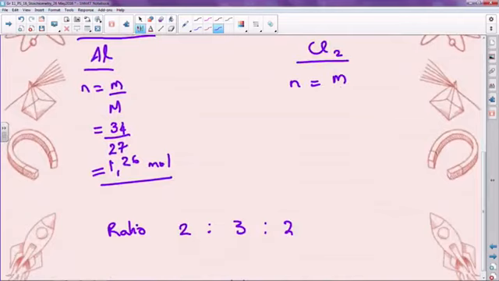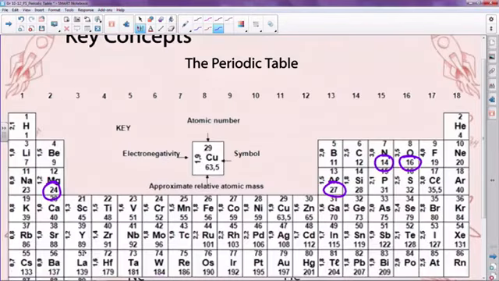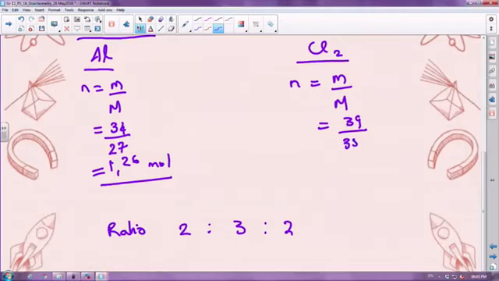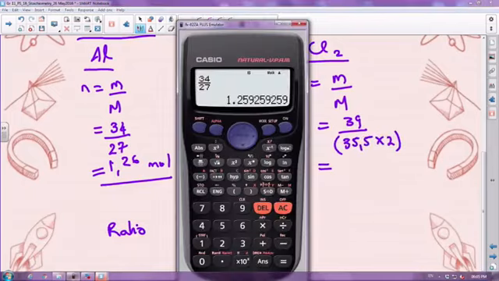Moles equals mass over molar mass. It's 39, and chlorine, if I remember correctly, is 35.5. Yes, it is. So here we go. It's going to be 39 over 35.5 times 2, because there's 2 of them, which I think is 71.